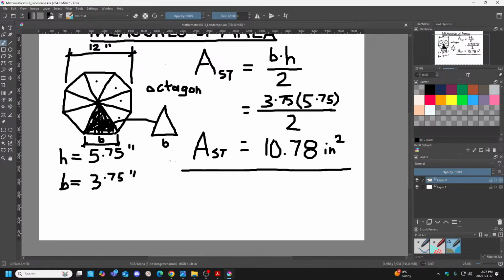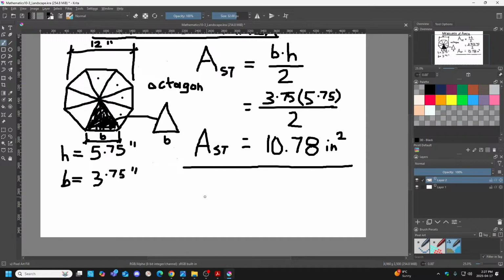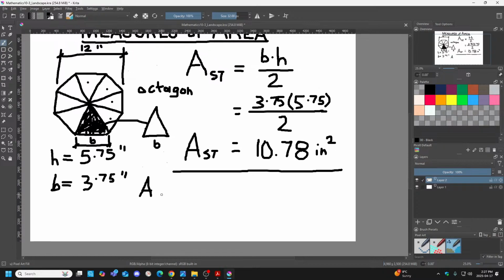All right, so we take this answer. Area of the stop sign, I'll call it area of sign. Okay, that's better.